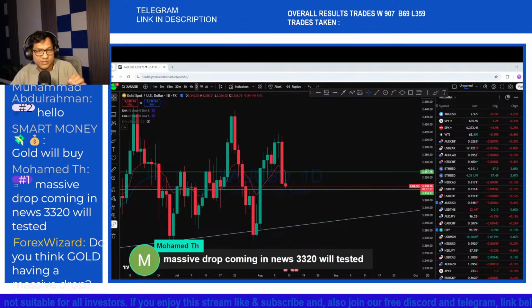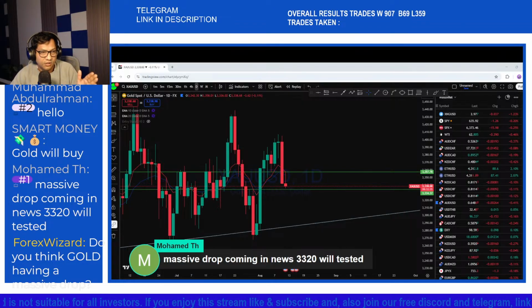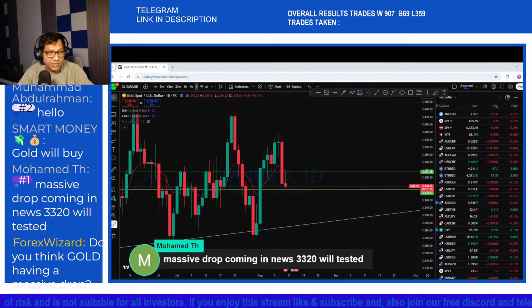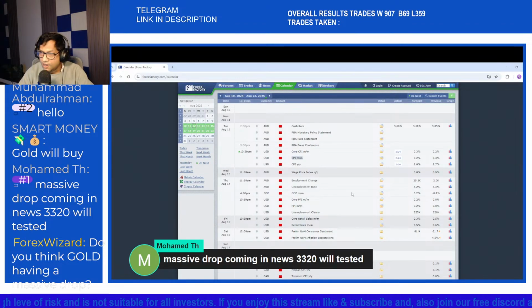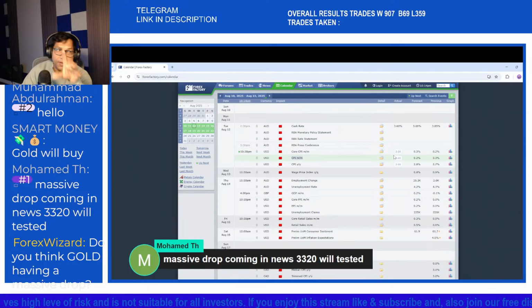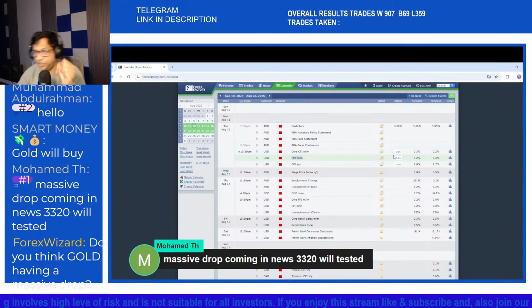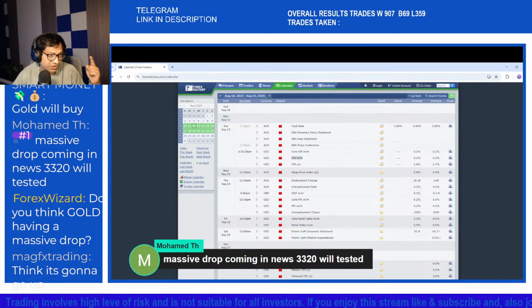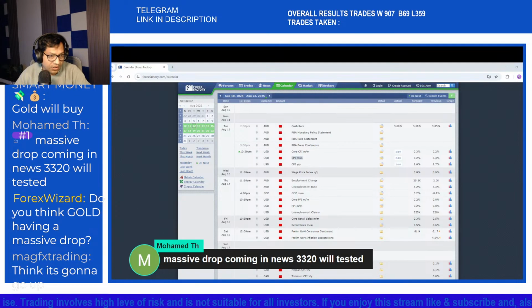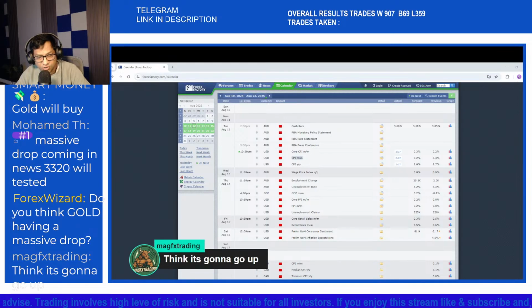Let's see what you think is going to be reflected with the CPI. The CPI data is also important, because if the data comes out bad, that means negative for DXY, and gold might bounce back to the upside. Always a reverse effect.